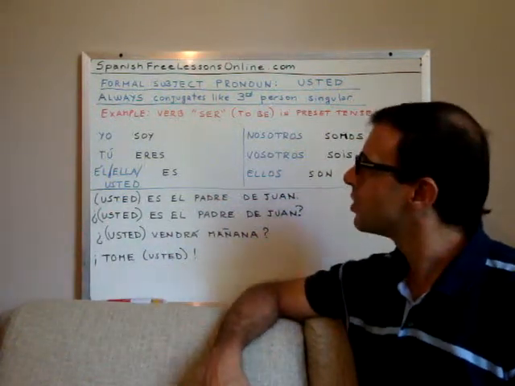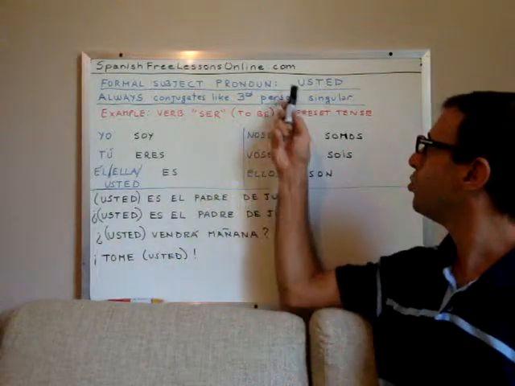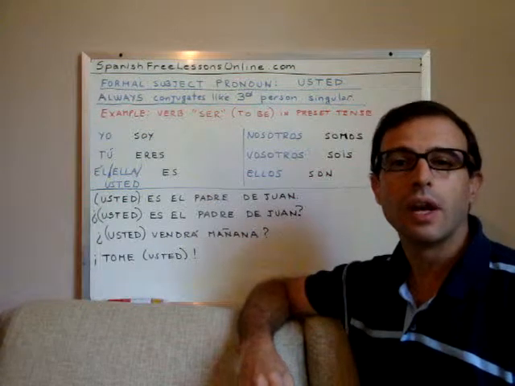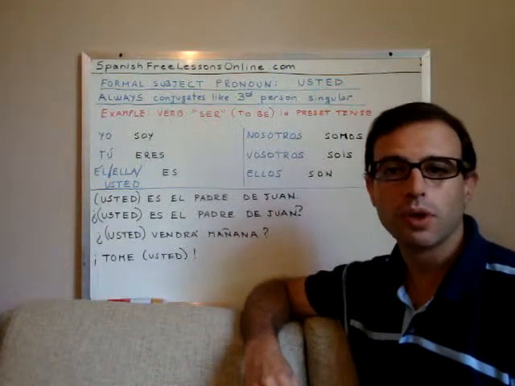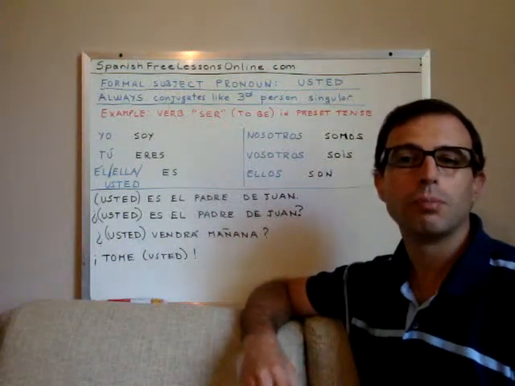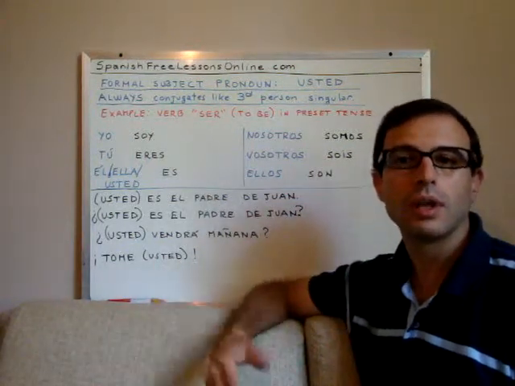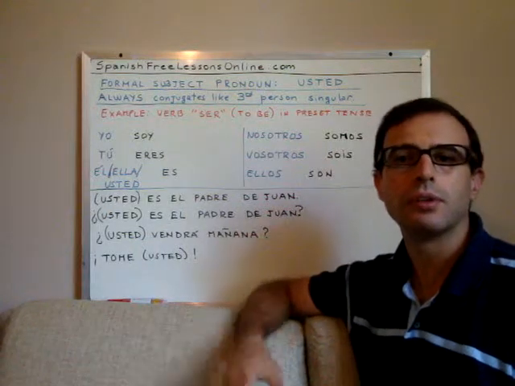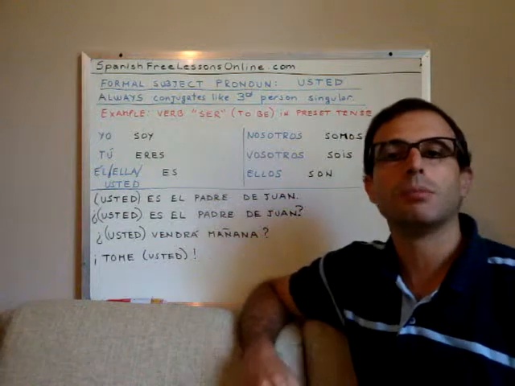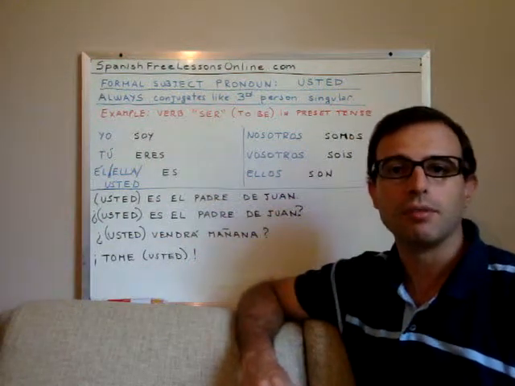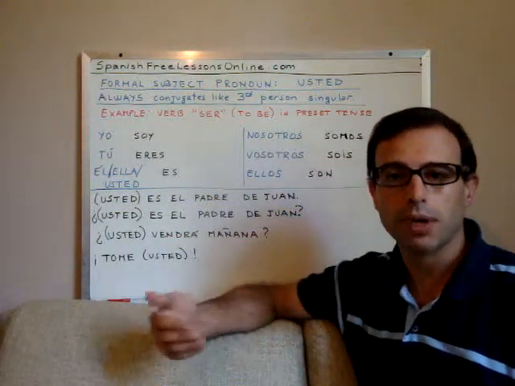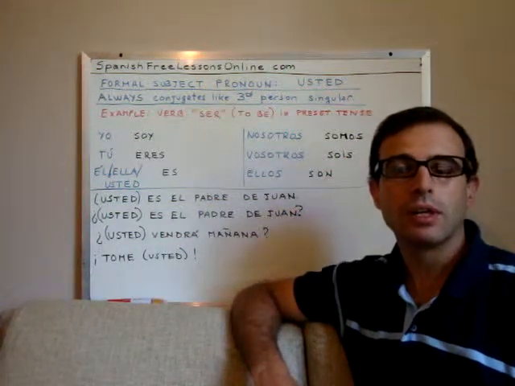However, in Spanish, we usually use usted when we want to address an elder, when we want to address somebody that's hierarchically superior to us, somebody very important like an ambassador, a politician, I don't know, somebody that's very important, or that we have to regard with more respect.